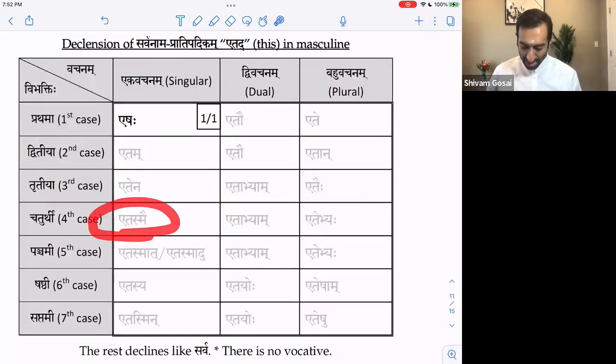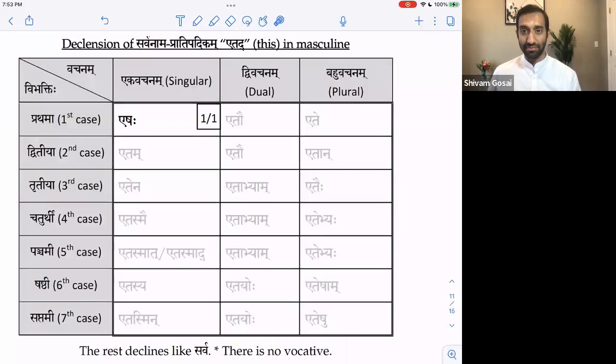Then etasmai, etabhyam, etebhyah, etasmat, etabhyam, etebhyah, etasya, etayoho, etesham, etasmin, etayoho, eteshu.